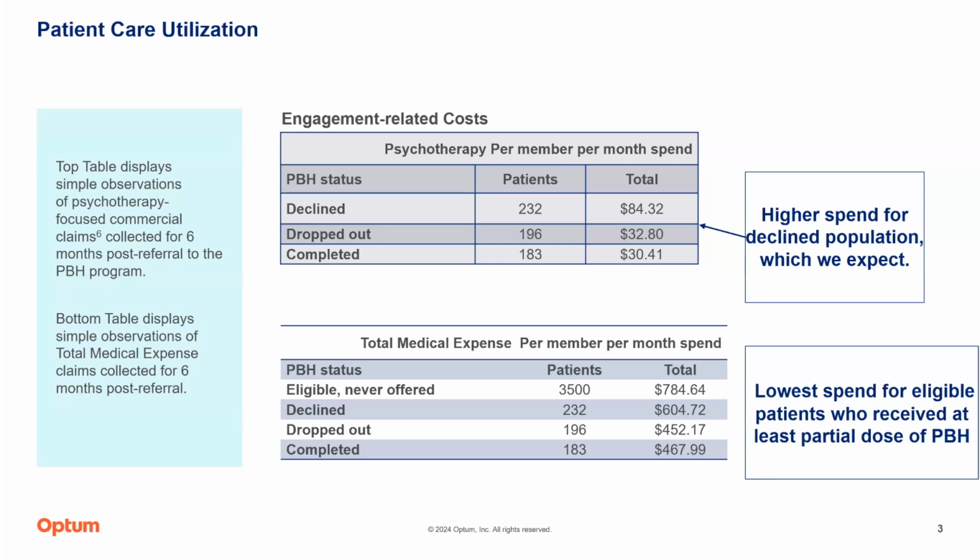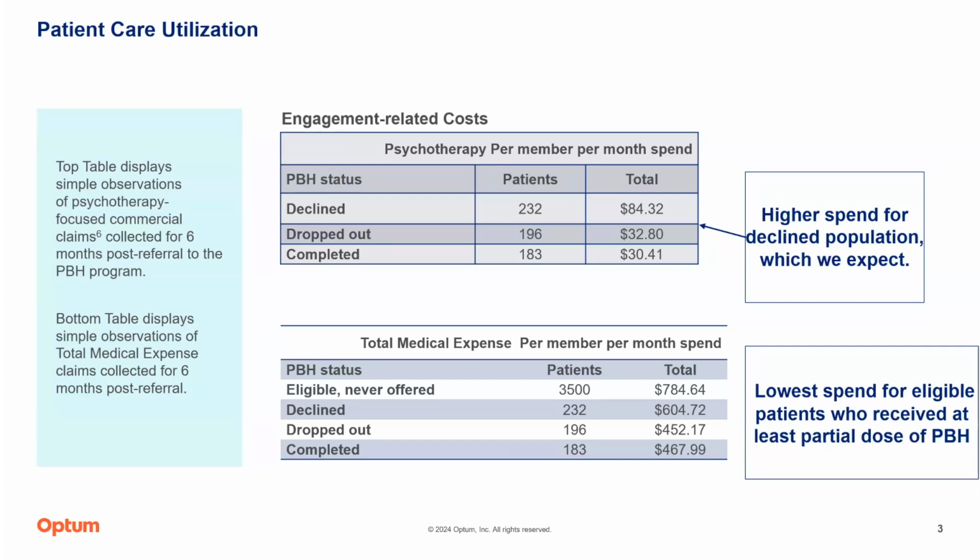And this is important because we find actually that in that completed bucket and the dropped out bucket, the percentage of patients who are clinically significantly improved is roughly equivalent, meaning that those dropped out folks got what they needed and then stopped. And we'll come to that in the next slide.